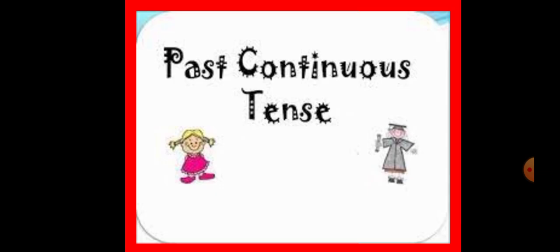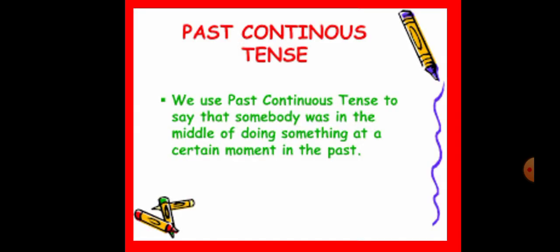Yes, let's see the past continuous tense. We use past continuous tense to say that somebody was in the middle of doing something at a certain moment in the past. We use the past continuous tense to show that an action was going on at a definite time in the past. Then two actions were going on at the same time in the past.